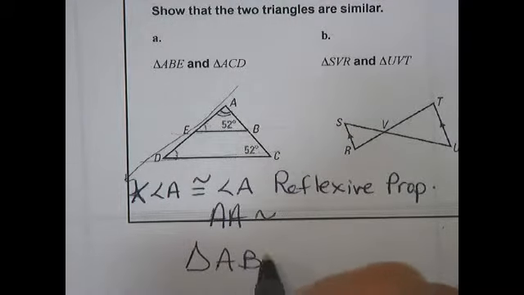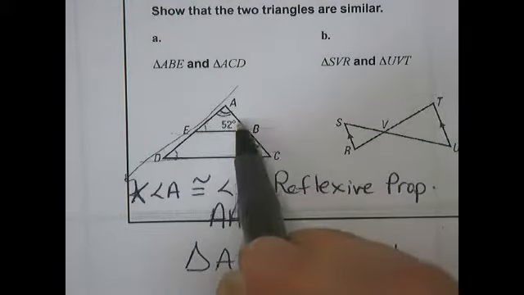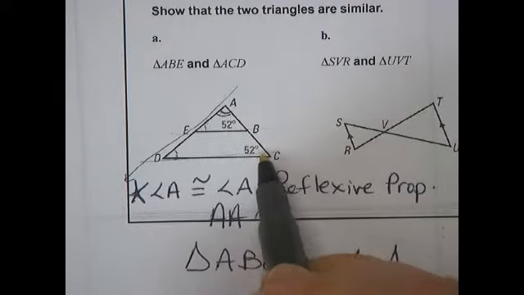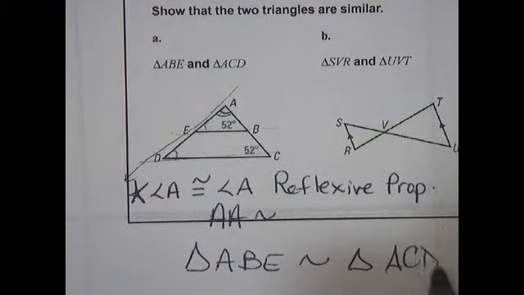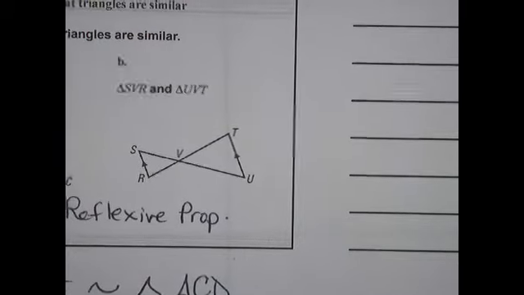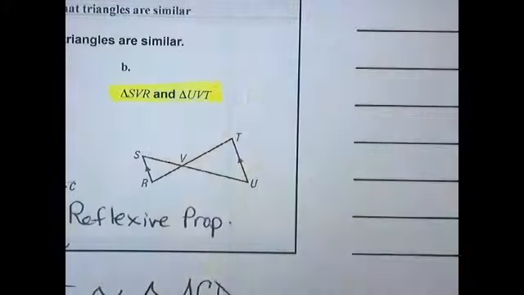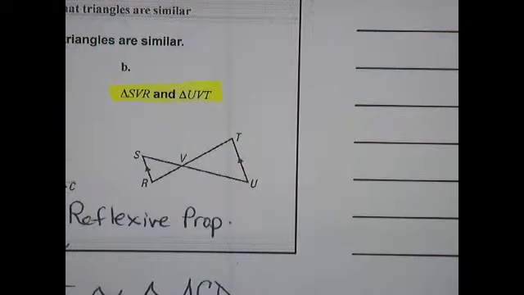Therefore, we have angle-angle similarity. Angle A and angle B is congruent to angle A and angle C. And then we would write the similarity statement. ABE is similar to A, and which angle corresponds with B? C. ACD.